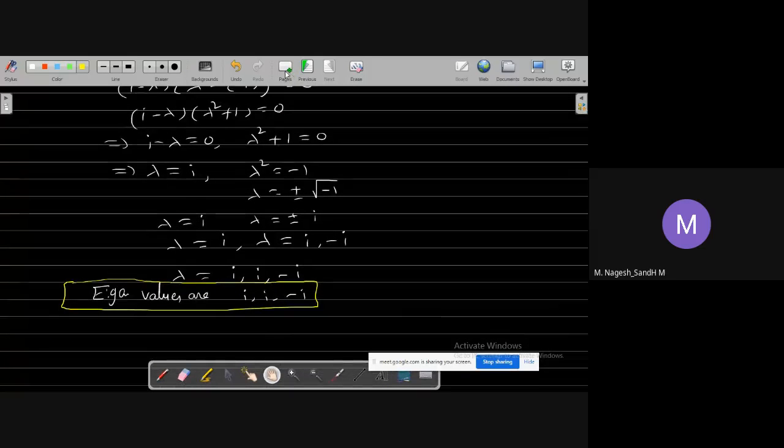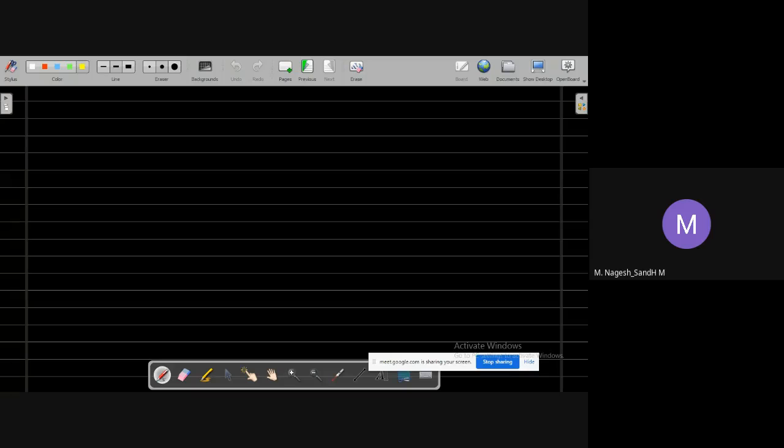Now on the next page, to find eigenvectors, consider the system A minus lambda into x is equal to 0.